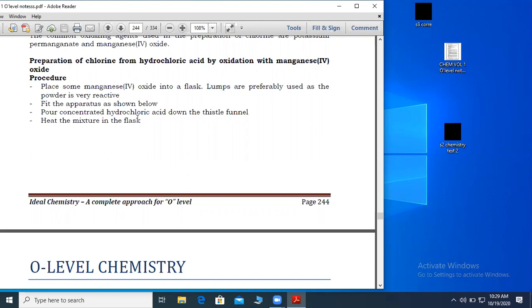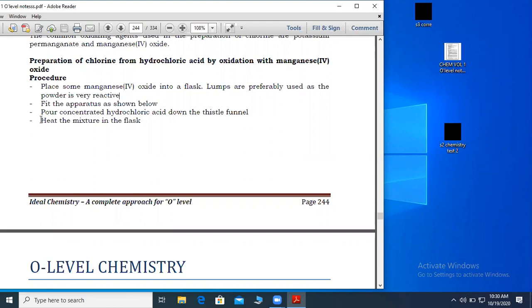So fit the apparatus as shown below. Pour concentrated hydrochloric acid down the thistle funnel. Then heat the mixture. Now listen carefully. When you use manganese 4 oxide, one of the conditions is that you must heat the mixture.